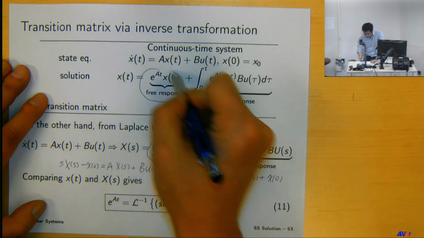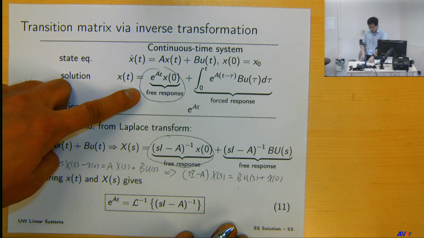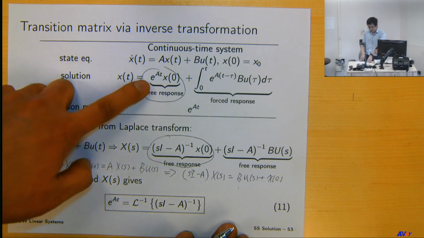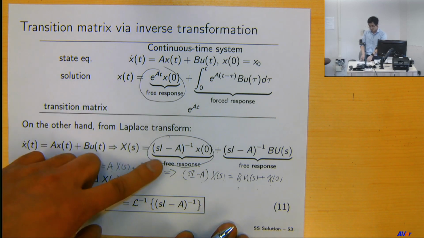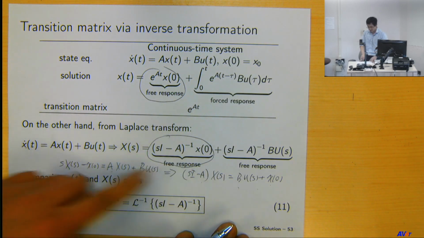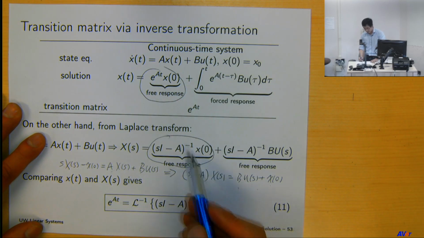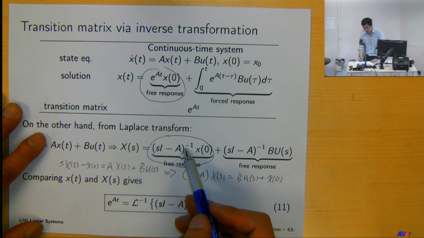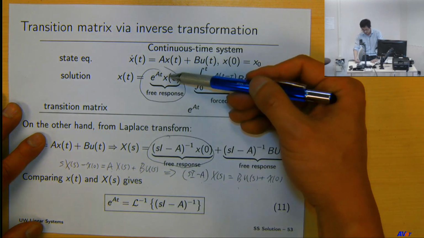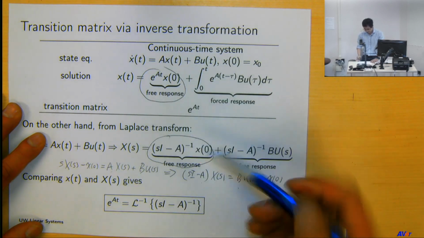And I also know in the time domain how it looks. So if I do the Laplace transform of this one, it must generate the solution here in the Laplace domain. In other words, e^(At) must be the inverse Laplace transform of the matrix (sI minus A) inverse, right? x0 is here, so this must correspond to this one.